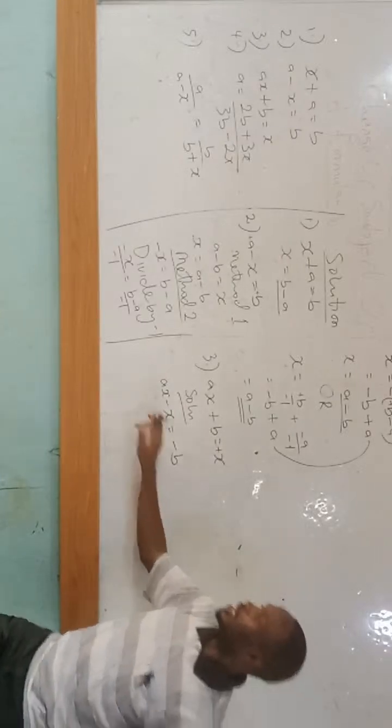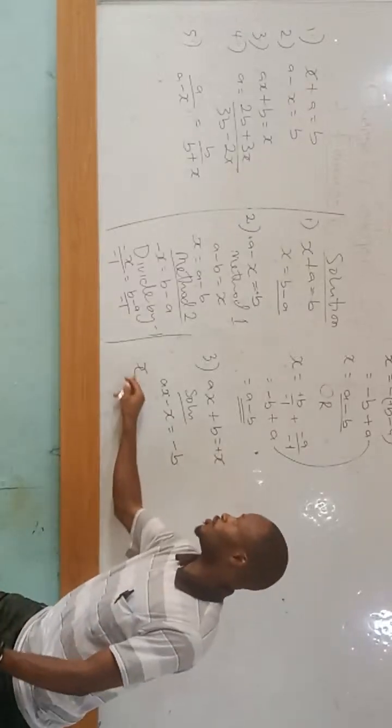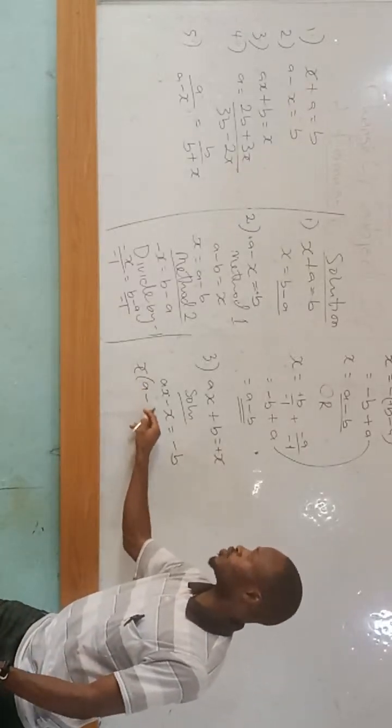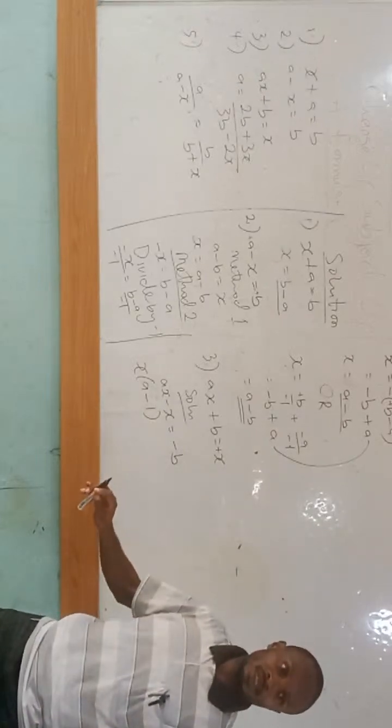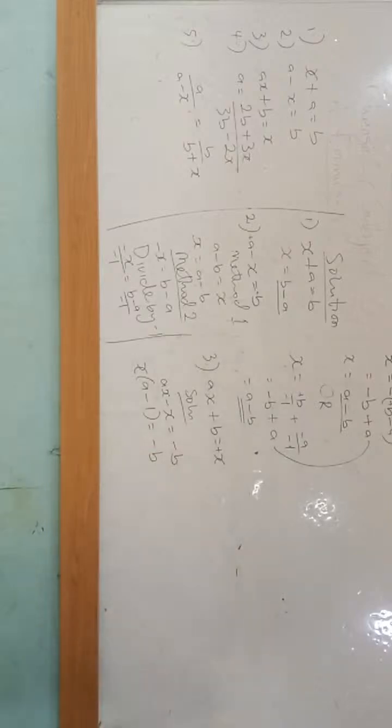Now, what is common here? x is common. So that leaves you with a minus 1, x equals minus b. Now, what is the coefficient of x? a minus 1, right?